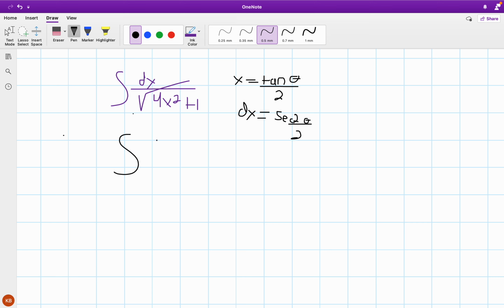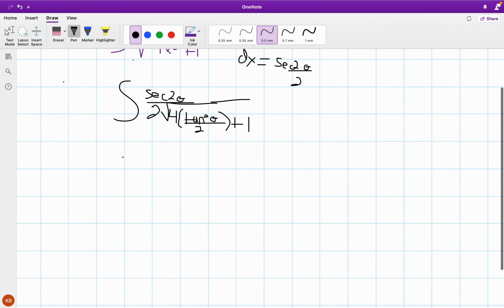So the dx equals secant squared theta over 2, so it will be secant theta squared on the numerator, and we're going to bring the 2 down. And then the x is tan theta over 2, and since it's x squared right here, we're going to do tan squared theta over 2 plus 1.